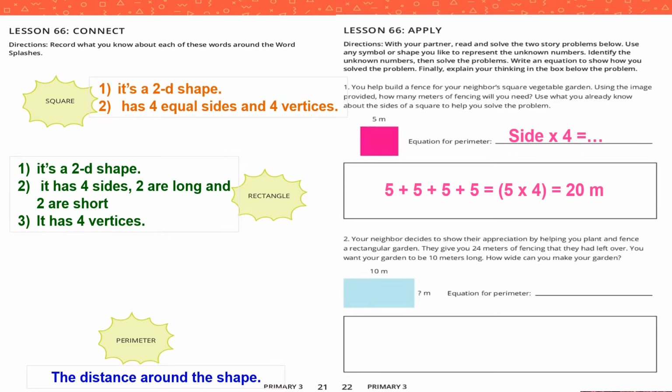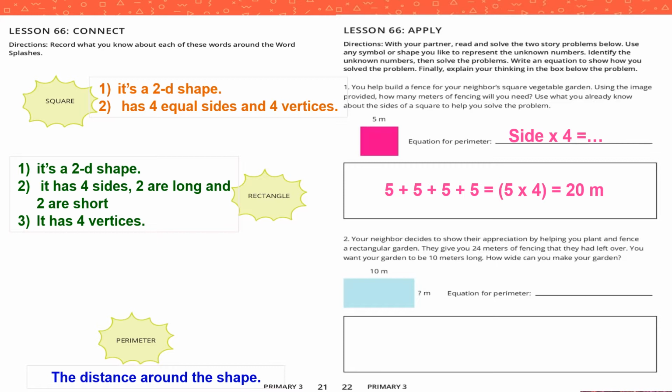Number 2, your neighbor decides to show their appreciation by helping you plant and fence a rectangular garden. They gave you 24 meters of fencing. So the fence is what? 24 meters. We said fence is like what?